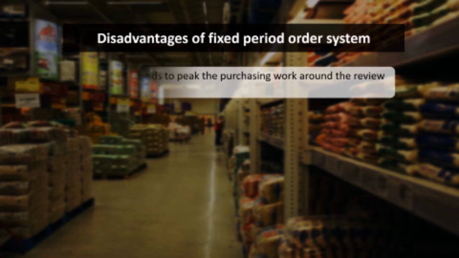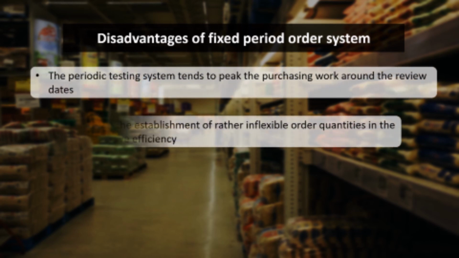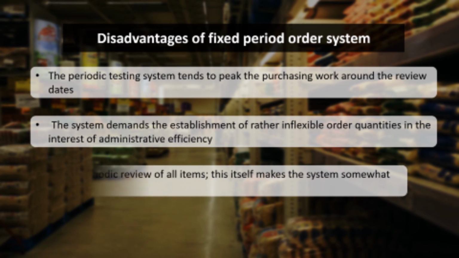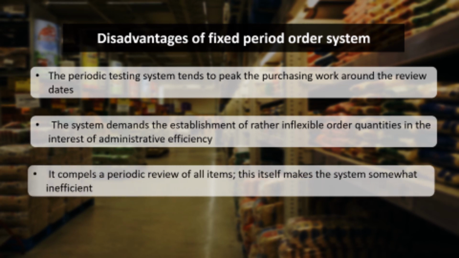Some disadvantages I already highlighted when I was discussing the diagram: the periodic review system tends to peak the purchasing work around the review dates, and the system demands the establishment of rather inflexible order quantities in the interest of administrative efficiency.